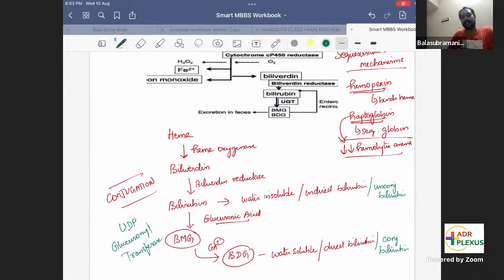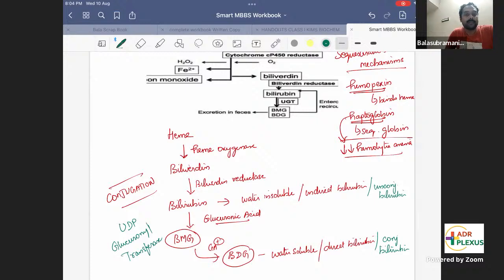It takes the help of a nucleoside called UDP, uridine diphosphate, and uses it to transfer the glucuronic acid residue to the bilirubin, converting the water insoluble bilirubin into a water soluble bilirubin. This is called a conjugating enzyme.